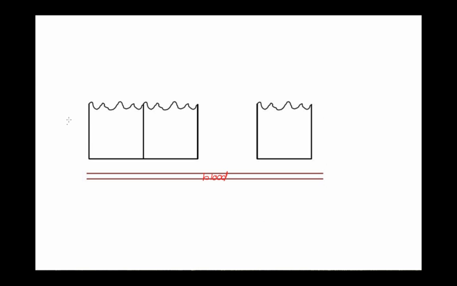So I'll just make a note that these are duodenal cells. And on this side of the duodenum cells is what we call the lumen. So this is where the digested material would be entering that small intestine or duodenum.